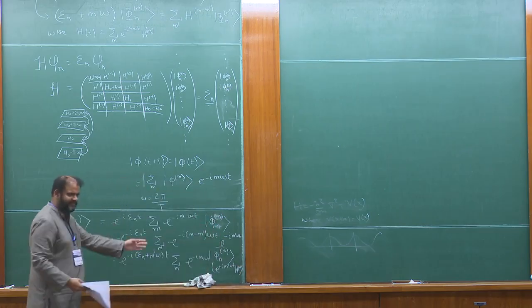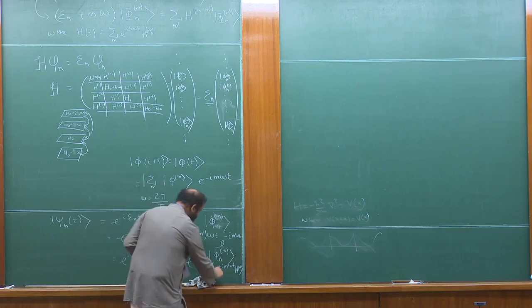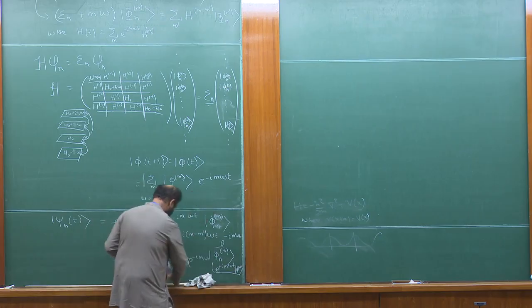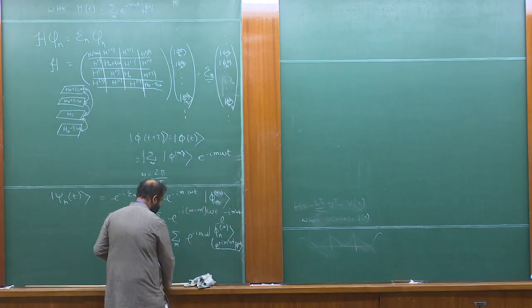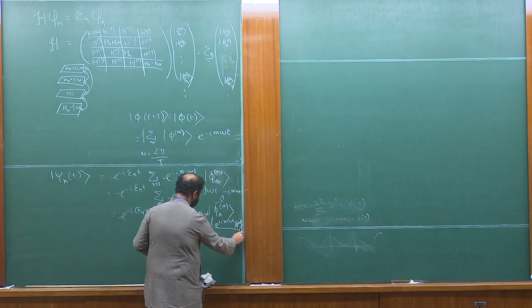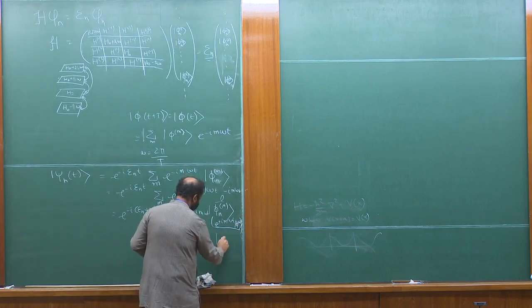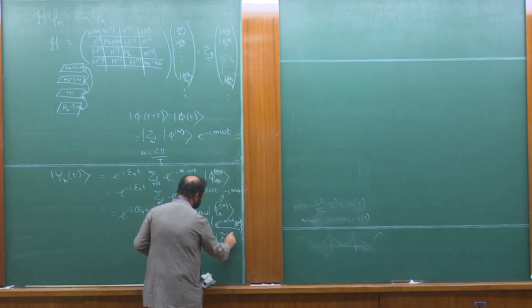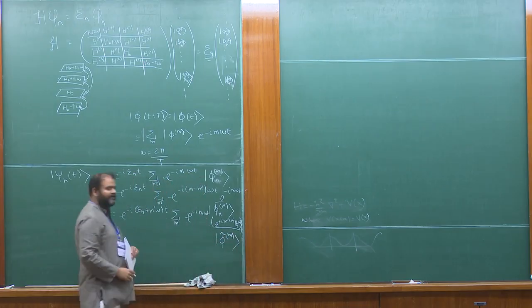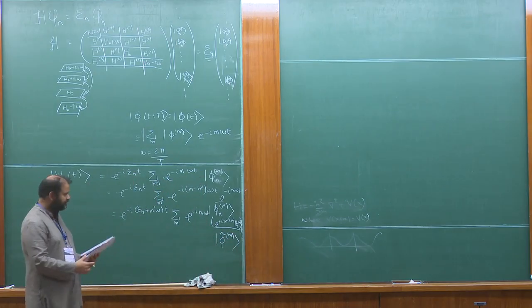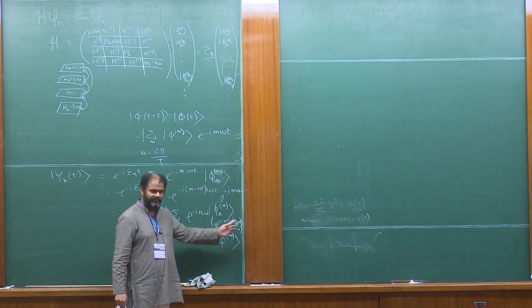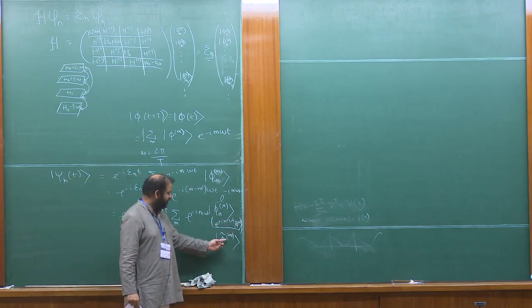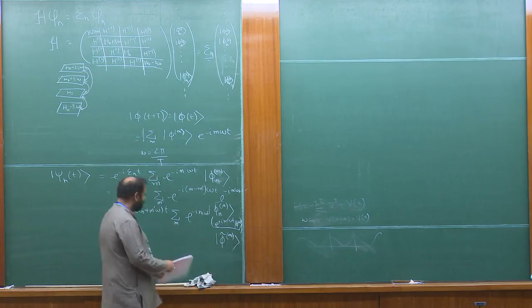Okay, so this is just manipulation, and I can label this as some φ̃_m, right? This is a common thing that has come in here. This is just a phase. I can label this as some new φ̃, right?